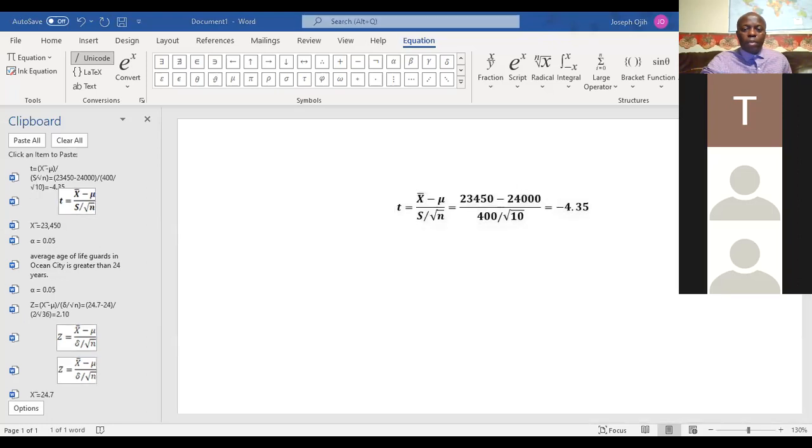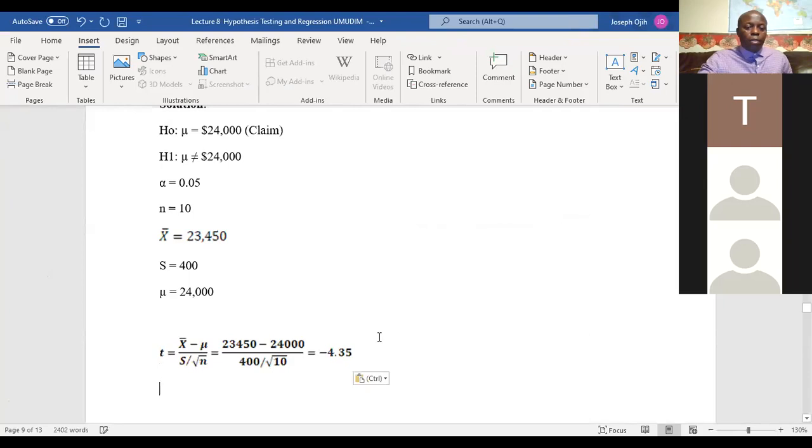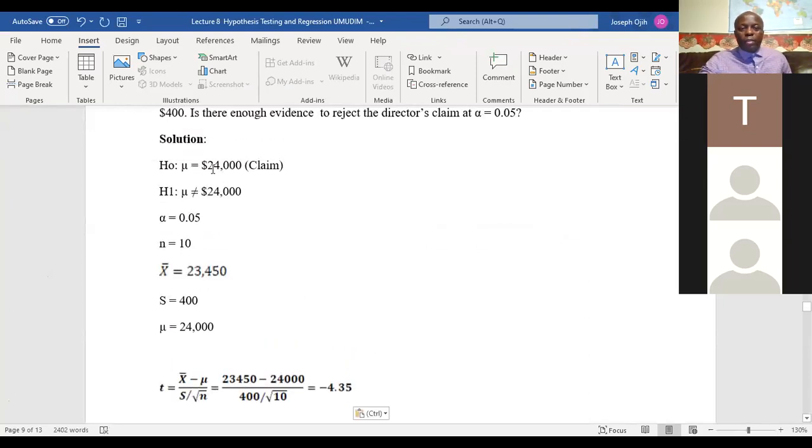So we have our test. Remember, this is a two-tailed test, left and right. So let me draw the chart here.